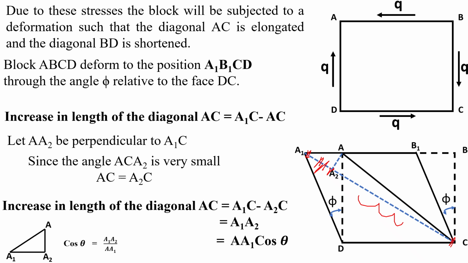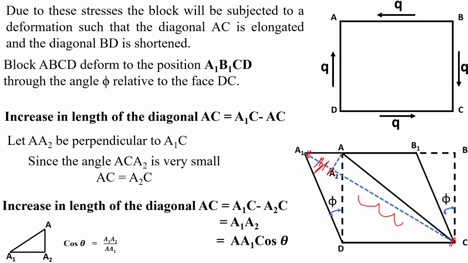Here A1A2 is a right angle triangle. So we take the right angle triangle with A1A2. From this right angle triangle, cos theta equals adjacent divided by hypotenuse, that is cos theta equals A1A2 divided by AA1. So A1A2 equals cos theta into AA1.